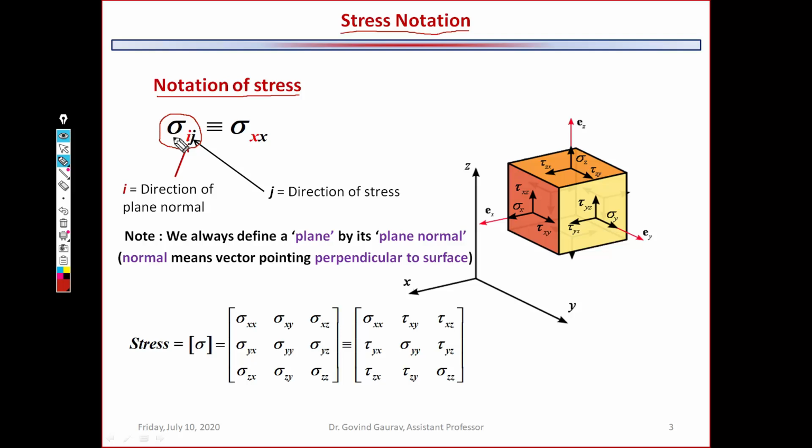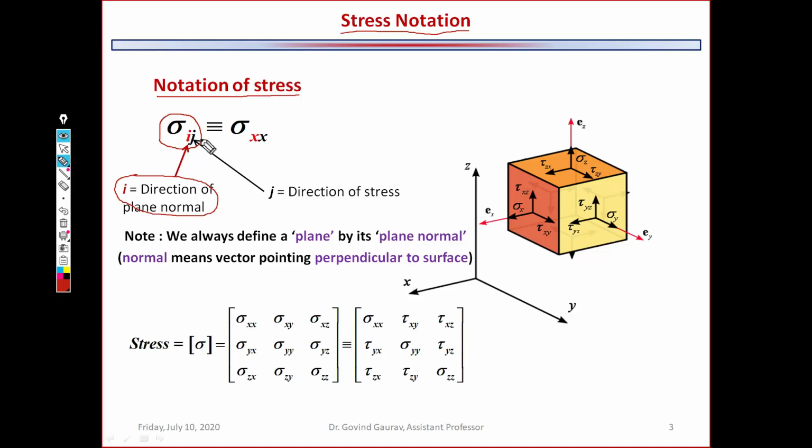The stress can be normal stress and shear stress, where the first subscript i represents the direction of the plane normal. So a plane is always defined by its plane normal because it is constant for a particular plane.